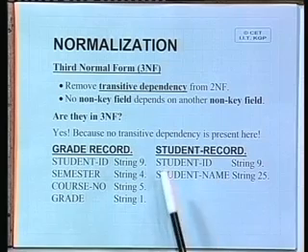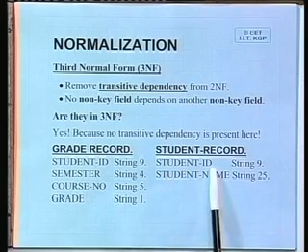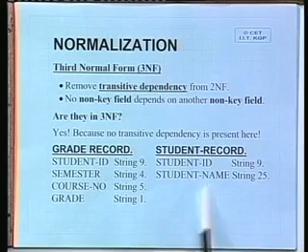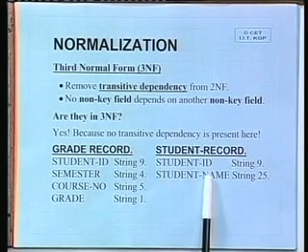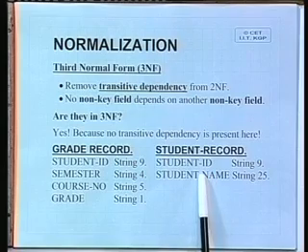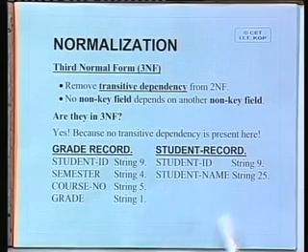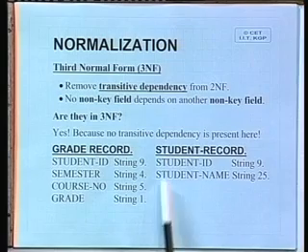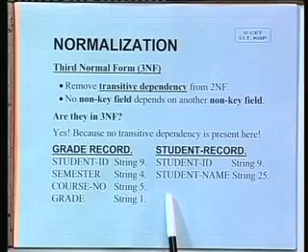Say for example, if we have in the second student record the student ID and the student name, and certain other attributes, we see that student ID is the primary key here, because this uniquely determines all the other attributes. The student name is dependent on student ID, student address is dependent on student ID, right.